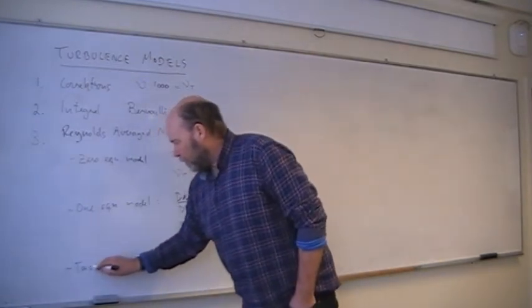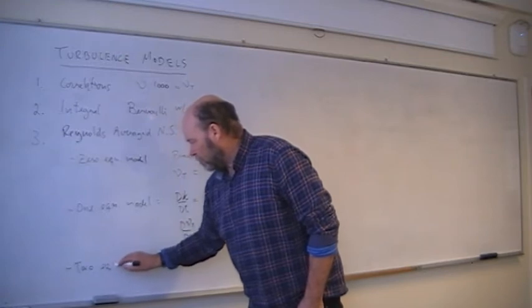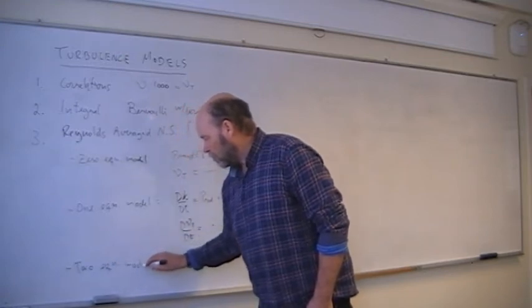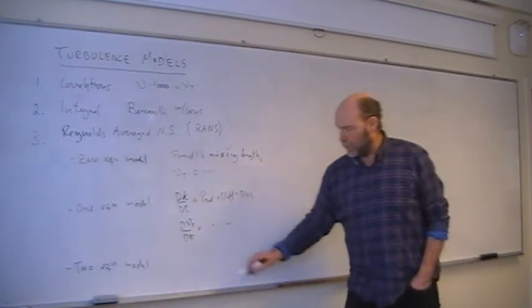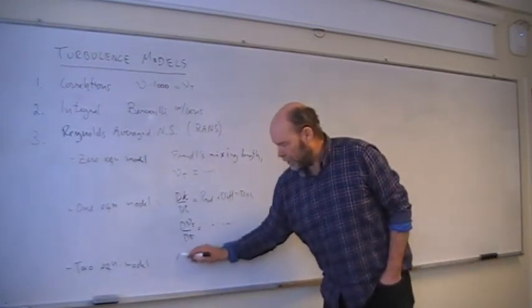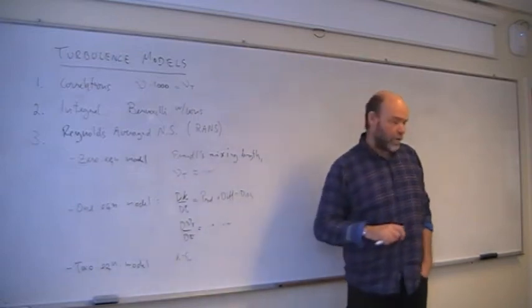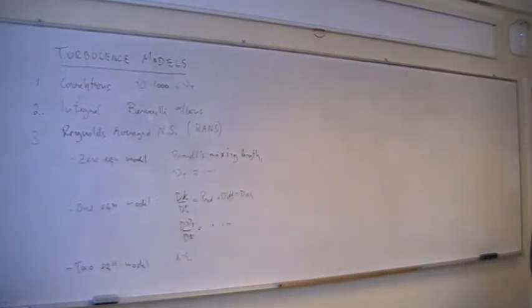And then finally, two equation models. And here you will find the most famous, K epsilon. You have two separate quantities that we play around with. You need two additional transport equations.